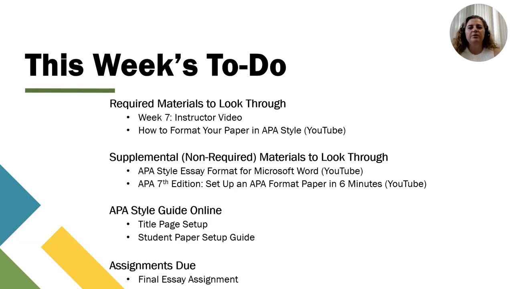So for this week's to-do list for required materials, we have our week 7 instructor videos, and then we do have a YouTube video on how to format your paper in APA style. For supplemental material, we have our APA style essay formatting for Microsoft Word, as well as how to set up an APA formatted paper in 6 minutes. We do have two materials from our APA style guide online, and this is the title page setup as well as the student paper setup guide.